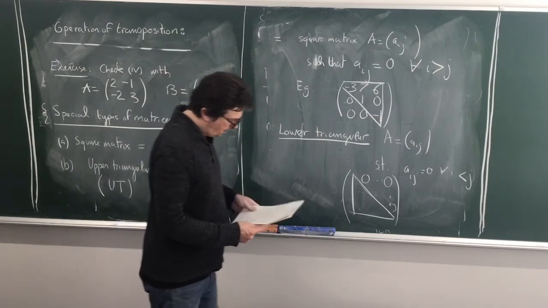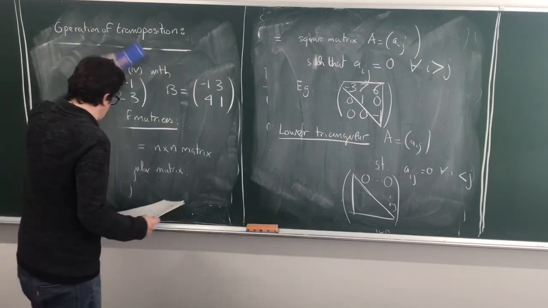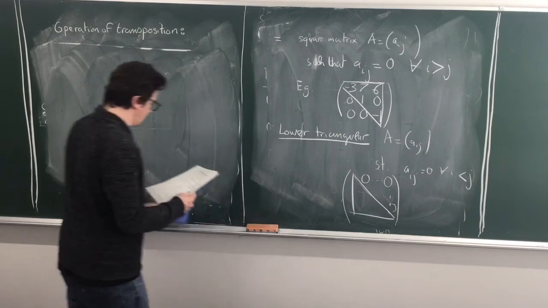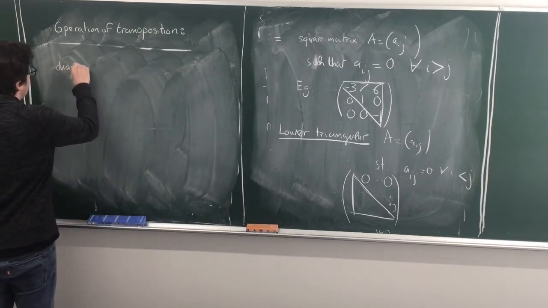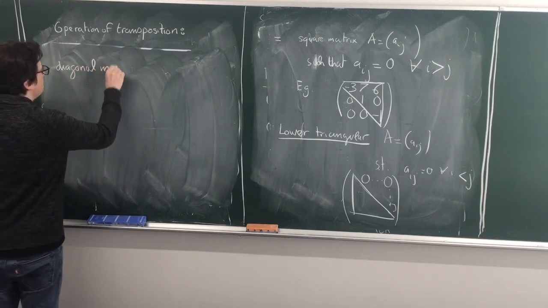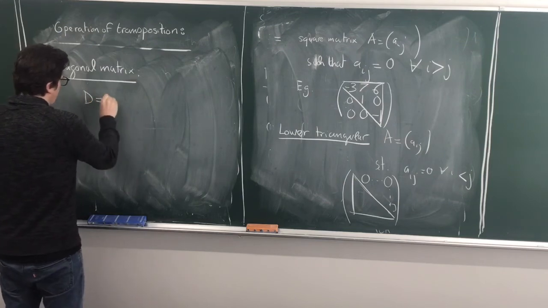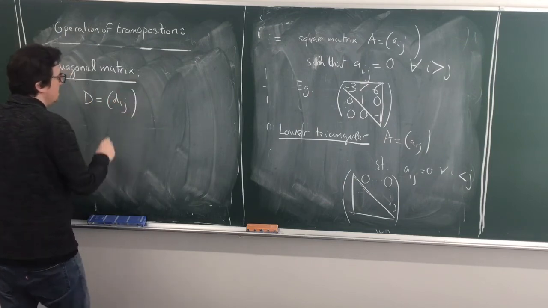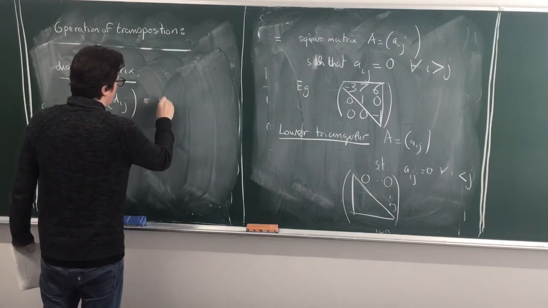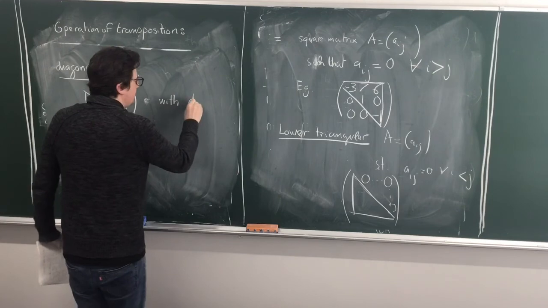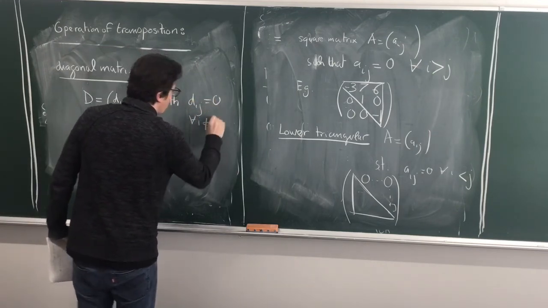Another type of matrix is the diagonal matrix. So what is a diagonal matrix? A diagonal matrix, let's call it D, (d_ij), will be a matrix such that d_ij is 0 whenever i is not j.